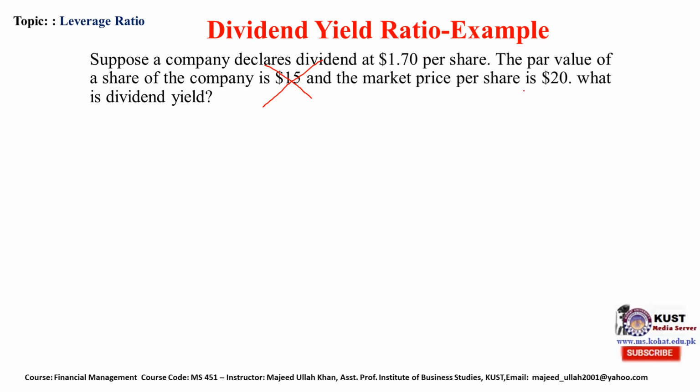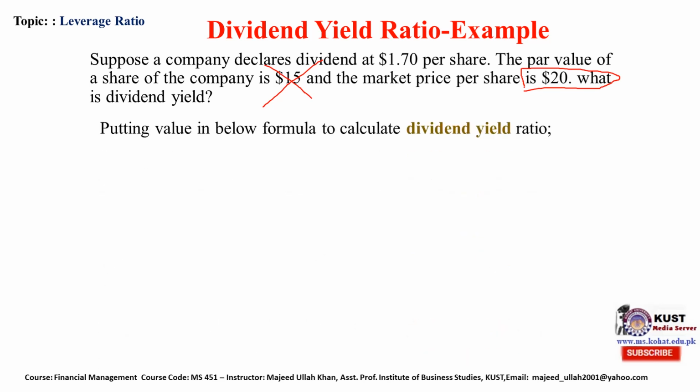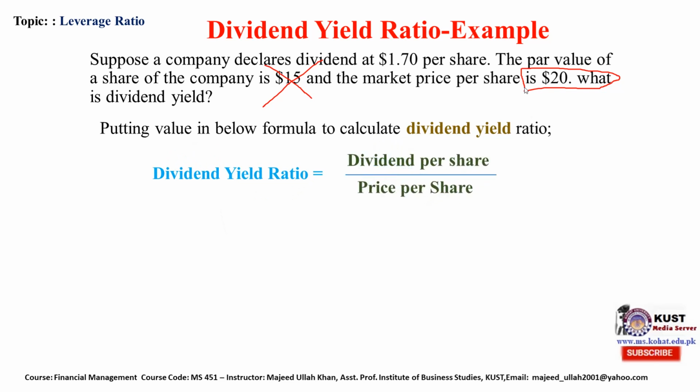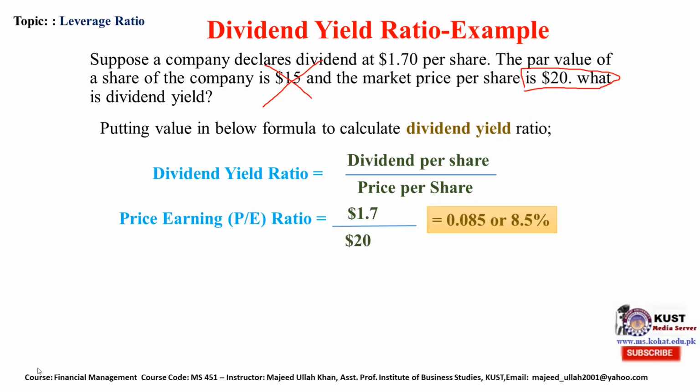We will use for dividend yield the market value, which is $20. So putting the values in the formula below, dividend yield ratio is equal to dividend per share divided by price per share. So 1.7 divided by $20 is equal to 8.5%.